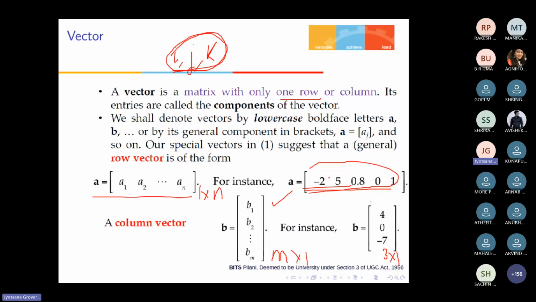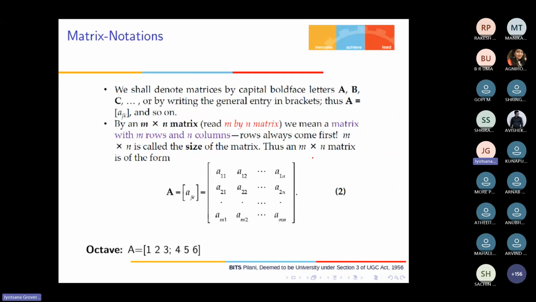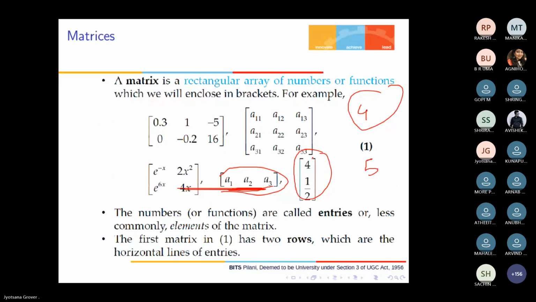So here we don't talk about the directions. Suppose this is, for example, 4 1 2, a column vector. It represents, suppose, the person's salary in lakhs. So here we are not talking about directions.